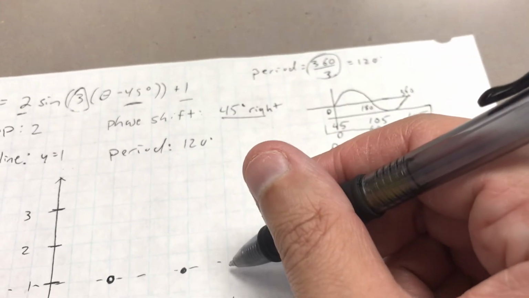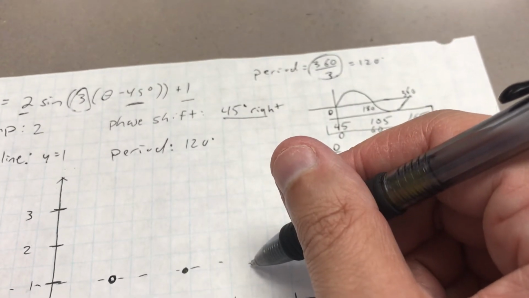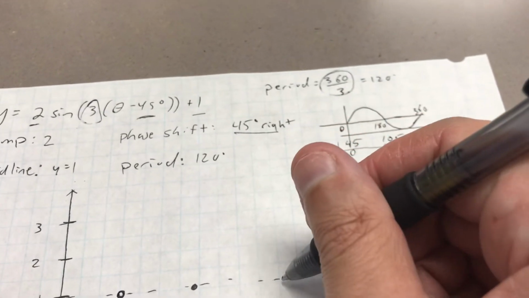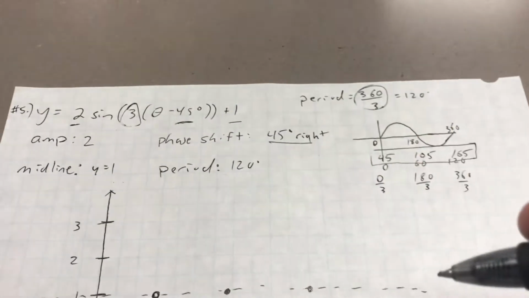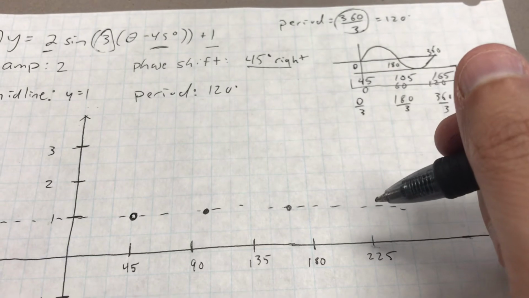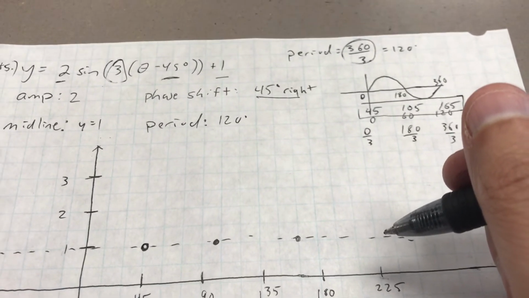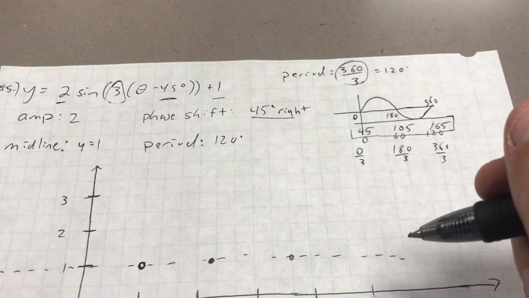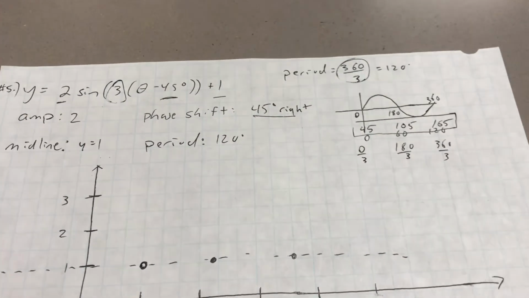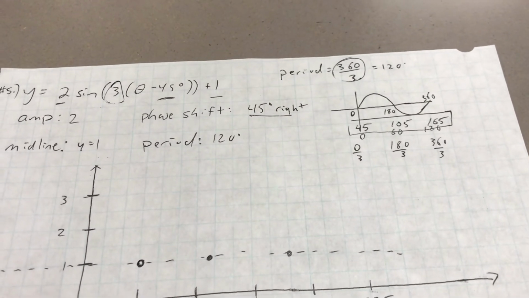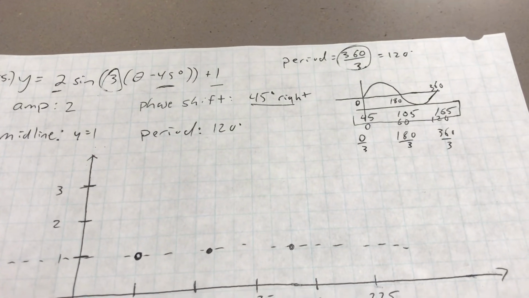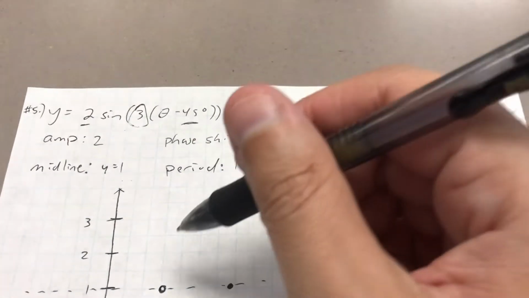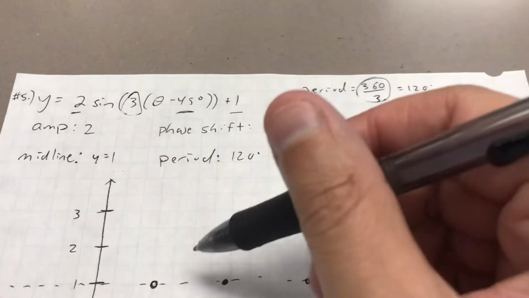So 135 plus 15 would be 150, and then 165 would be another 15. That actually works. And we have that point right there. All right, so let's see, 45 plus 60, those are evenly spaced out. Okay, so we should be able to plot these high and low points in here and be done with it. The sine function is going to cross the axis at these places.